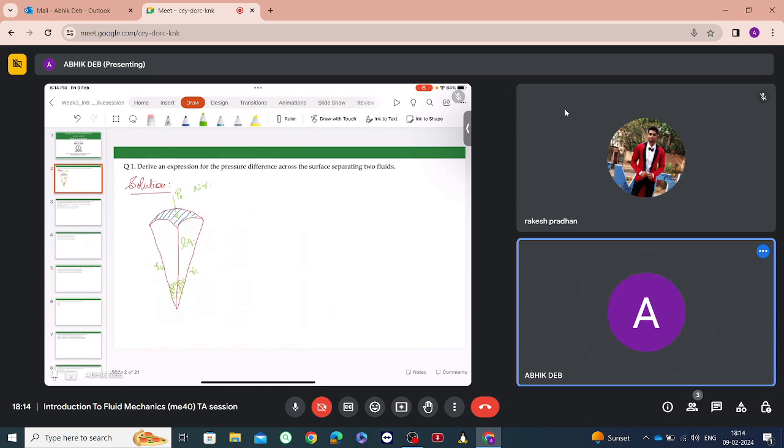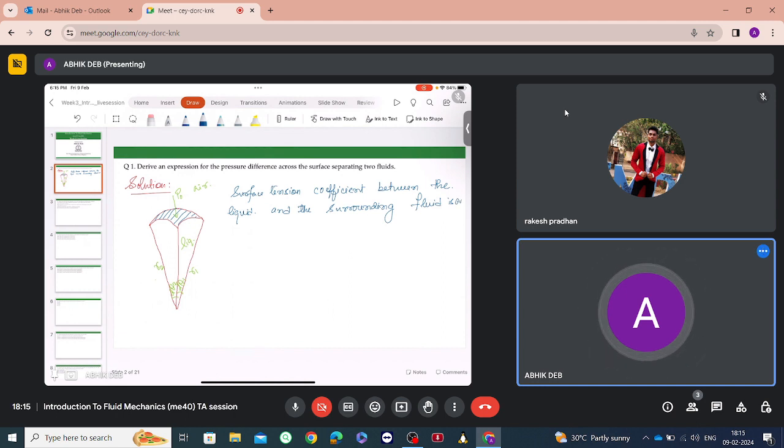We are considering that the surface tension between these two fluids, the liquid and the air here, is sigma. So the surrounding fluid here is air.